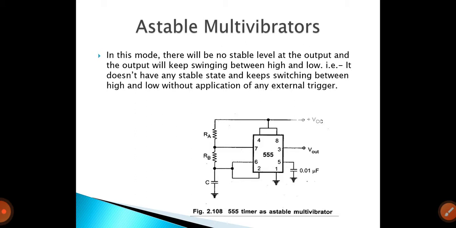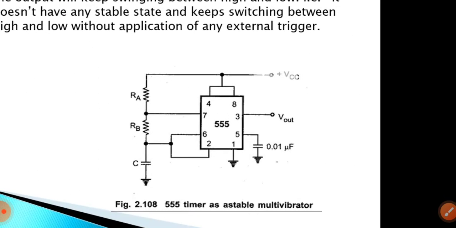In the monostable, only one state is stable. But here, it is on and off, on and off, continuously moving. That is called the astable multivibrator. One more name is the free running multivibrator. This is the circuit of the astable multivibrator.